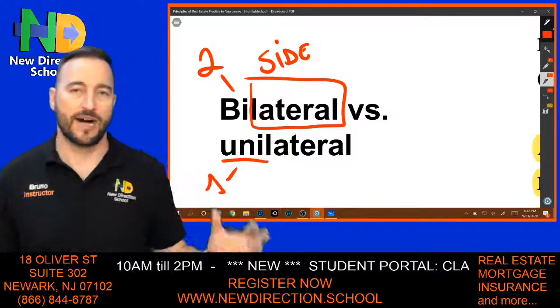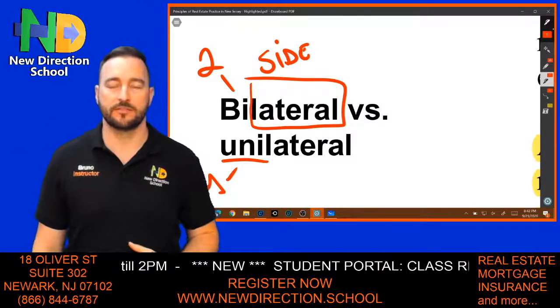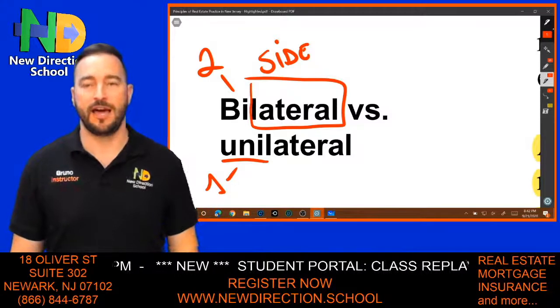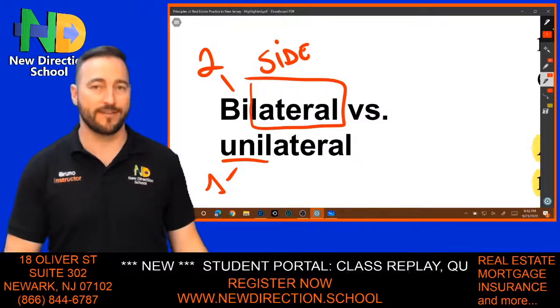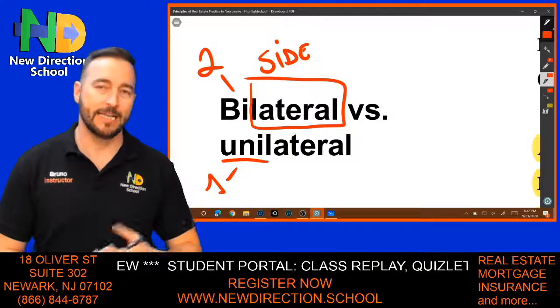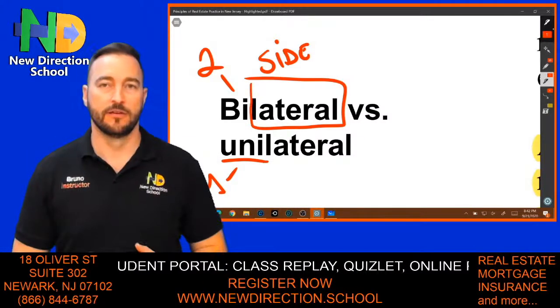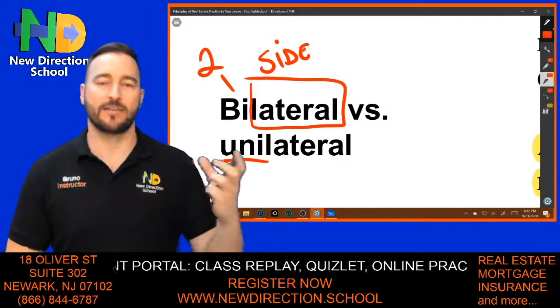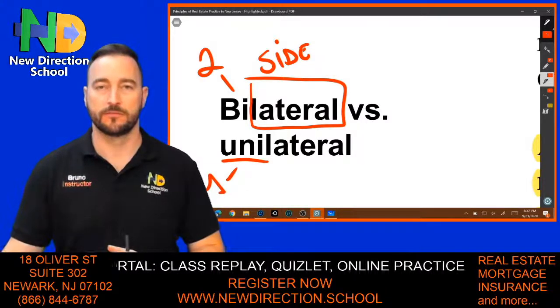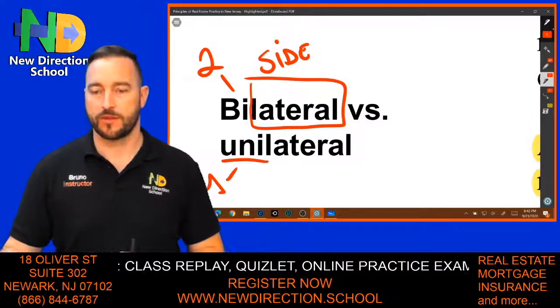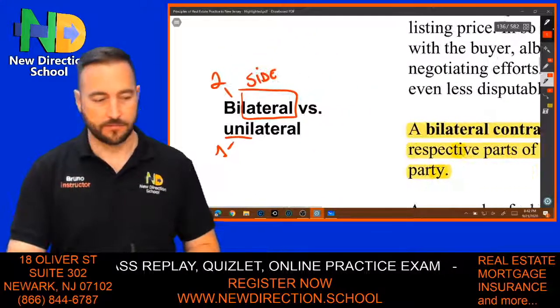Bilateral, or two-sided, is about how many of the parties have to comply with something in order to make it enforceable. In the bilateral agreement, both sides must take action. In the unilateral agreement, one side must take action in order for the other one to do their part. All right?